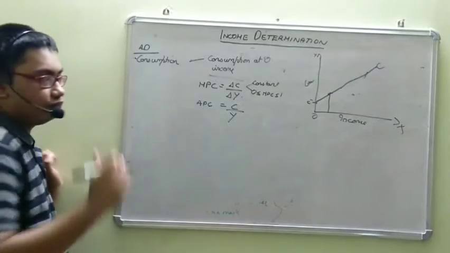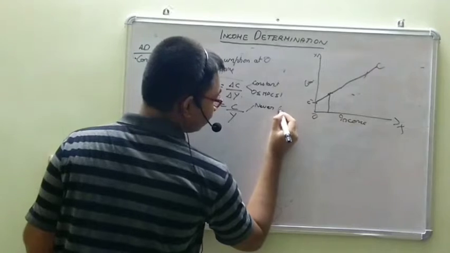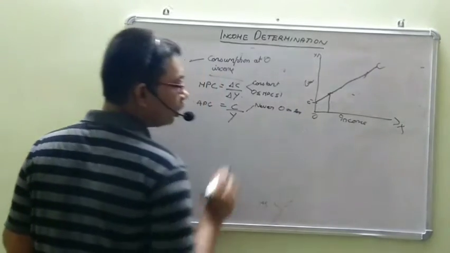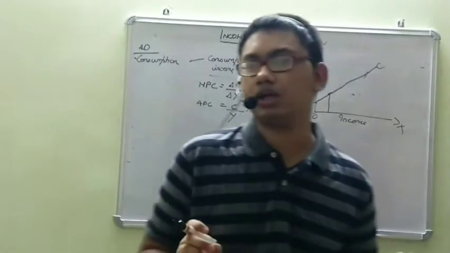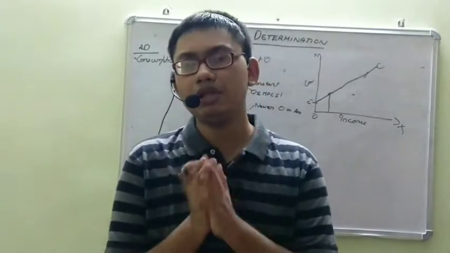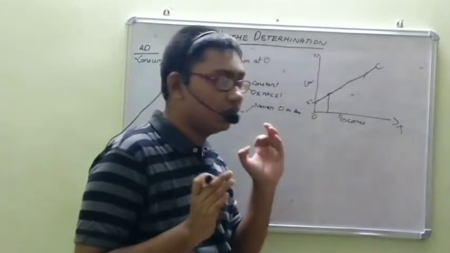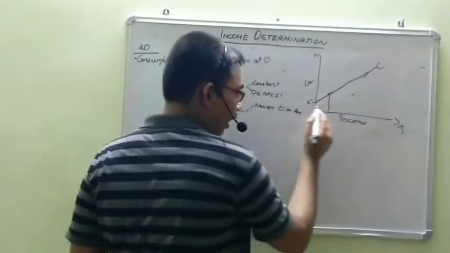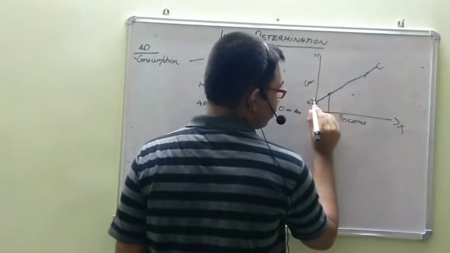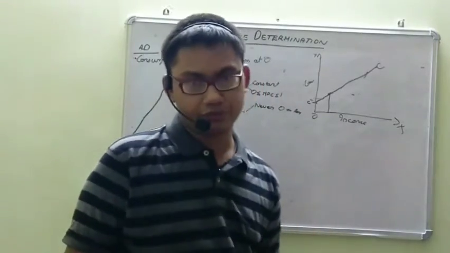What about APC? APC will never be 0 or lesser. I told you, whatever be the income, there will be some consumption. Therefore, this APC will never be 0 or less than 0. However, there is one thing. Take this point. If we measure the consumption, it will be greater than income because there is autonomous consumption.